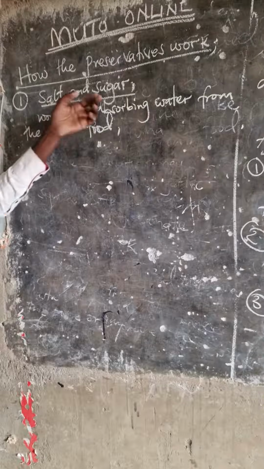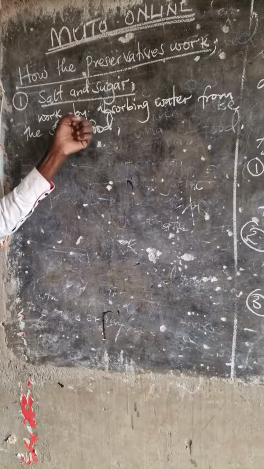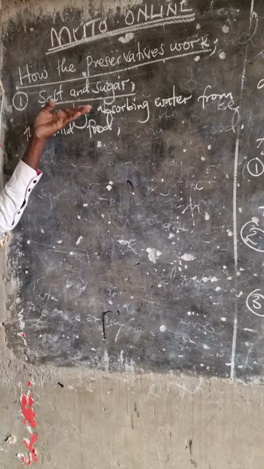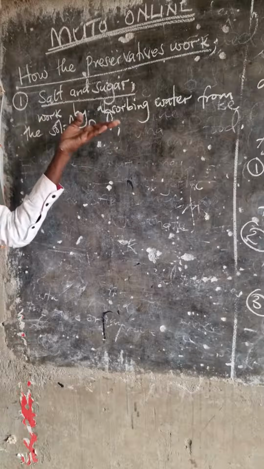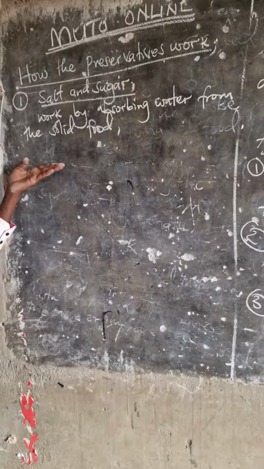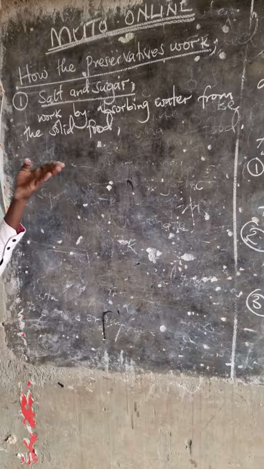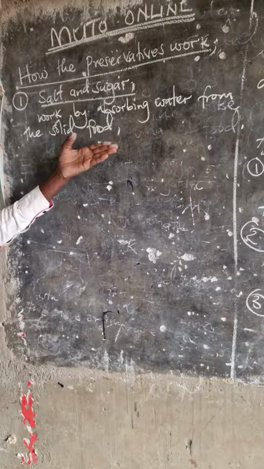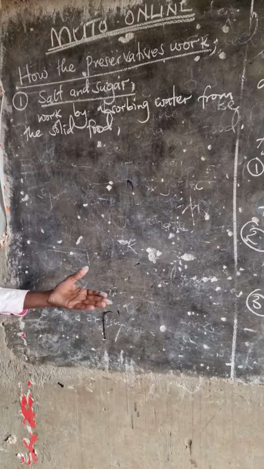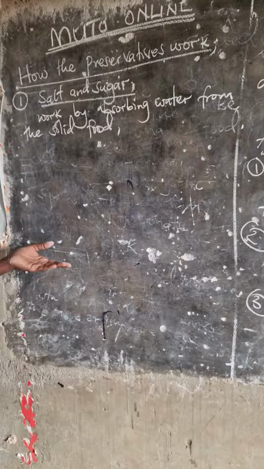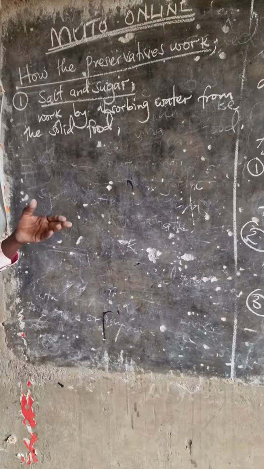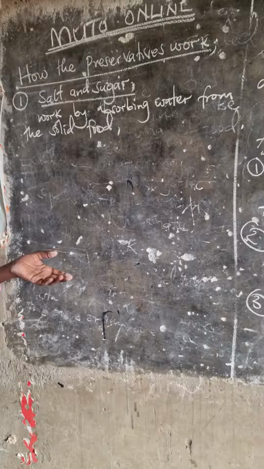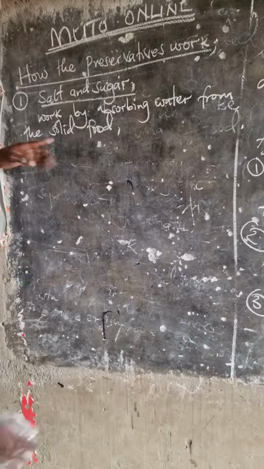But when this water is absorbed from the food, the drying of the food is fastened, and dry food lasts longer than watery or fresh food. When we look at fish, the dry one can even last some good days, some good weeks, which is not the case for the fresh one. So that's how these two work.